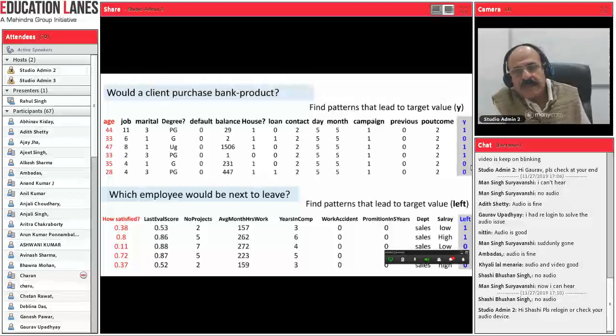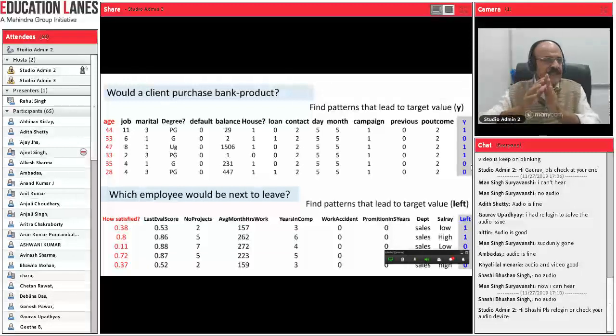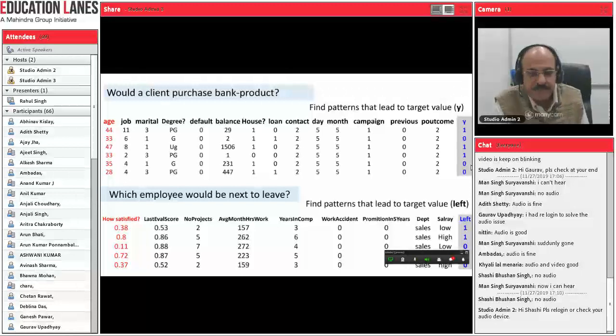So then the person goes. Even before he has submitted his resignation, I would like to know what the threats are so that I can take preventive action, remedial action, to stop that person from leaving the organization. So how do I do it? Same pattern finding.